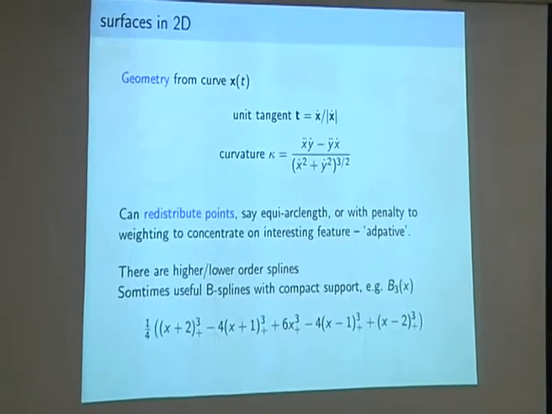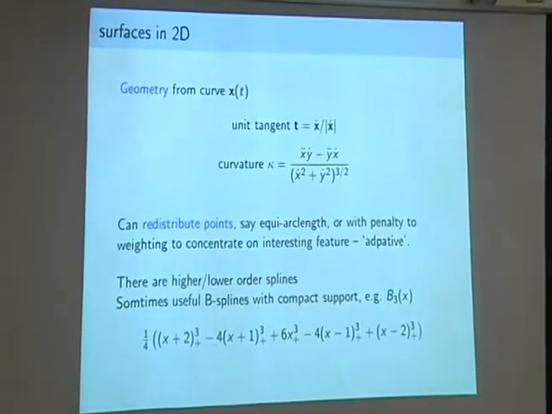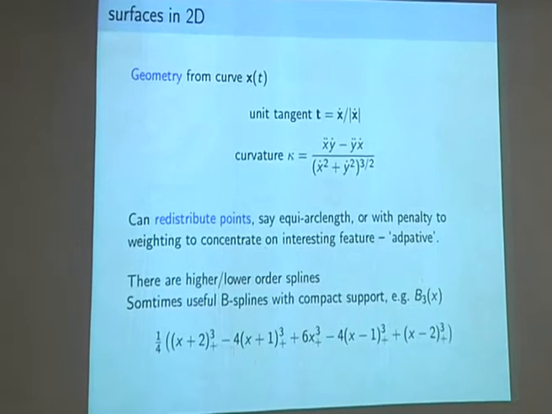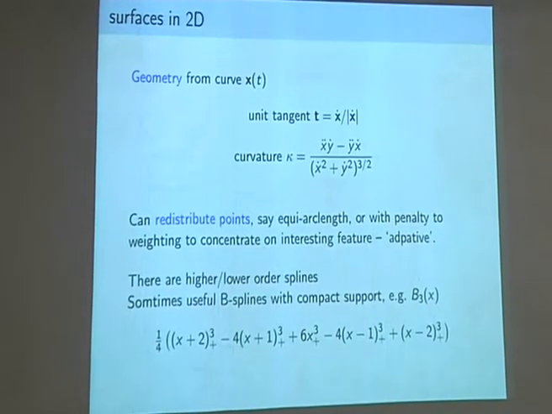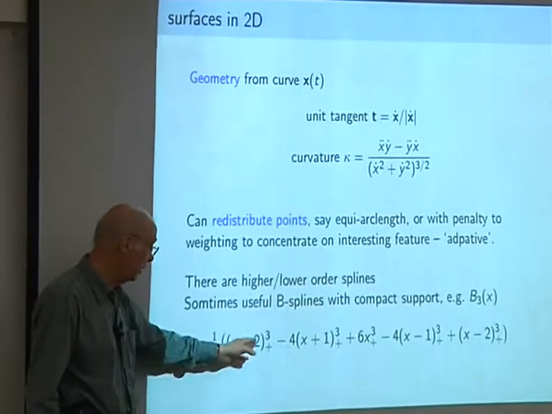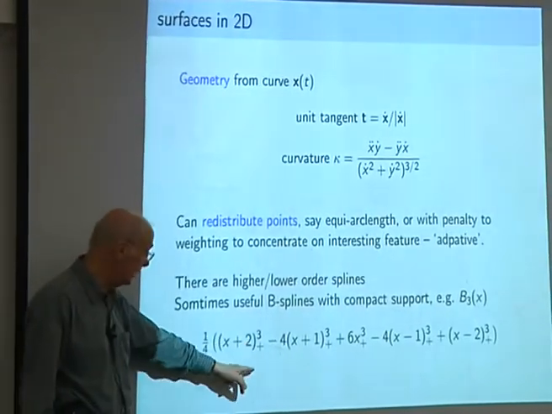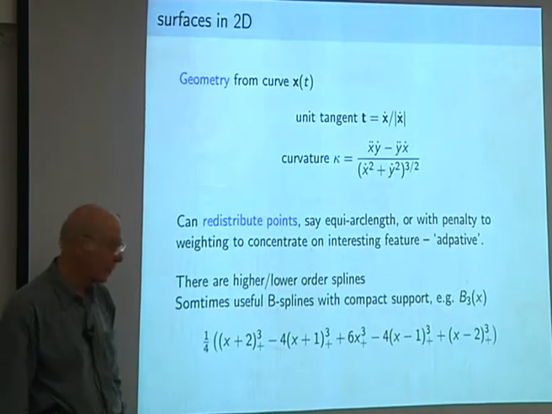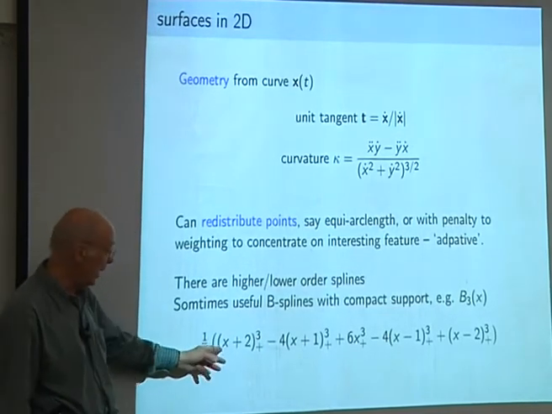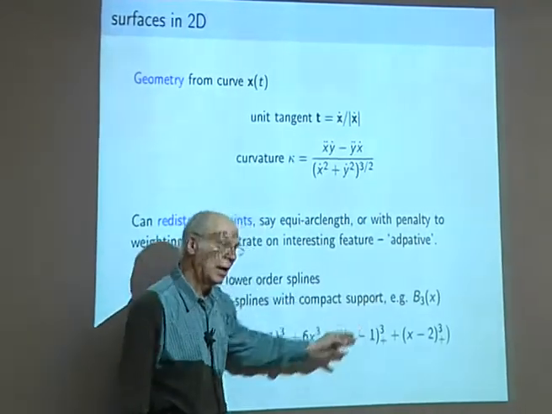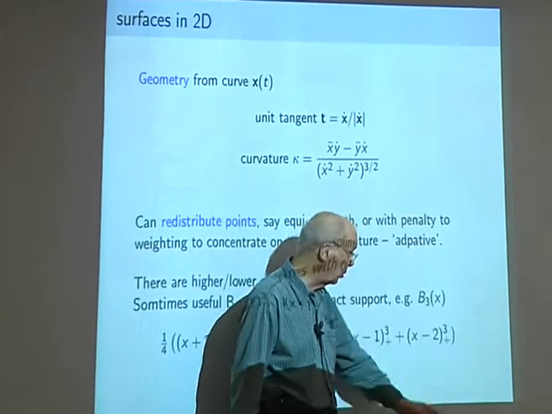In other words, they vanish outside 4 intervals here. So the plus sign means this is 0 if 2 plus x is negative, and it is 2 plus x if 2 plus x is positive. So this cubic switches on at -2, that one switches on at -1. These switch on, and they all end up cancelling beyond 2.